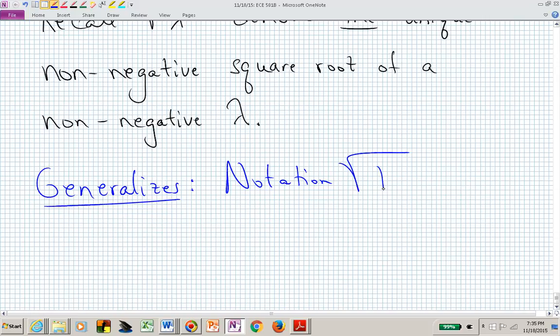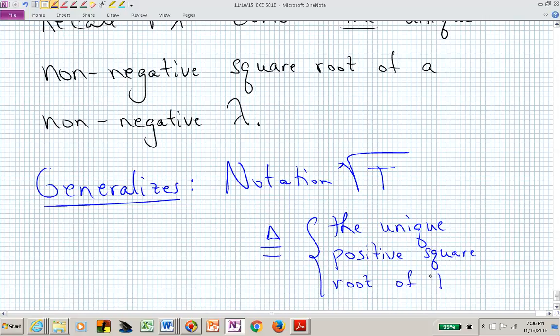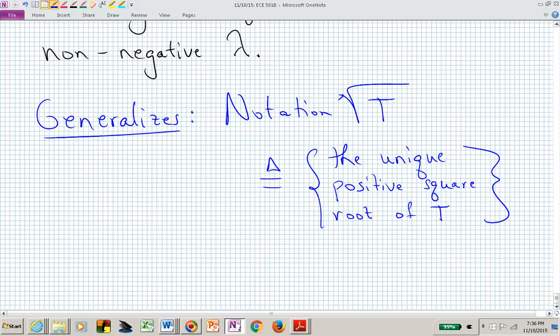If we now say the square root of this linear operator T, we are going to say that that defines the unique positive square root of this operator T. That's our notation. When we write the square root of this linear operator T, we mean that that's the unique positive square root of T.